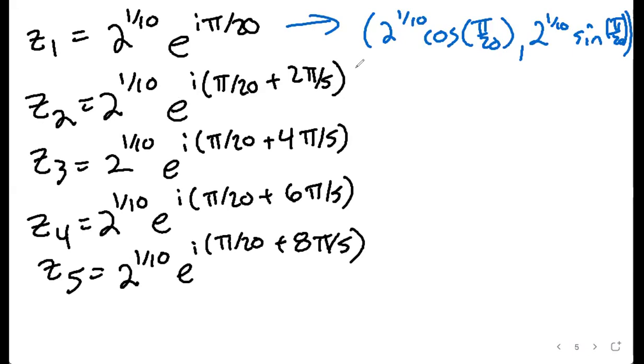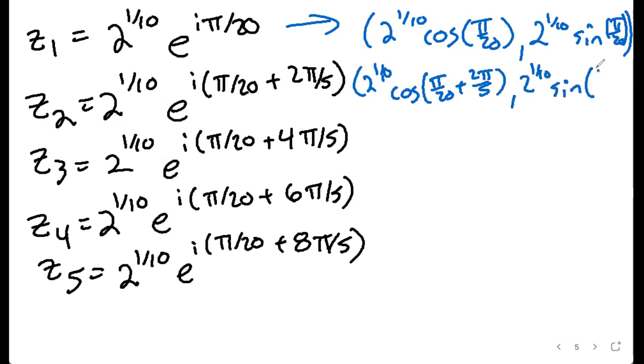This one would be 2 to the 1/10 times cosine of pi over 20 plus 2 pi over 5. This would be 2 to the 1/10 sine of pi over 20 plus 2 pi over 5, and so on and so forth.